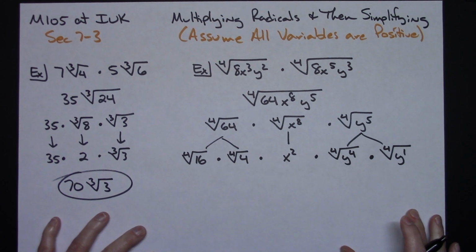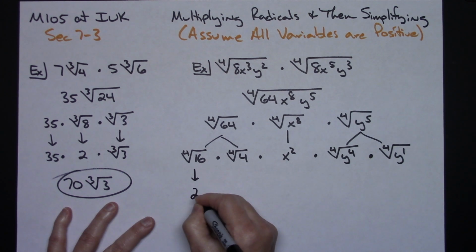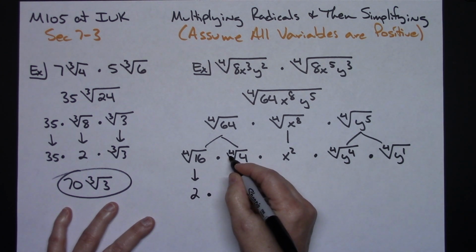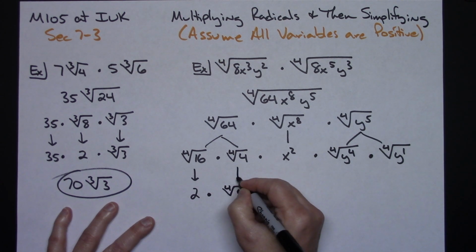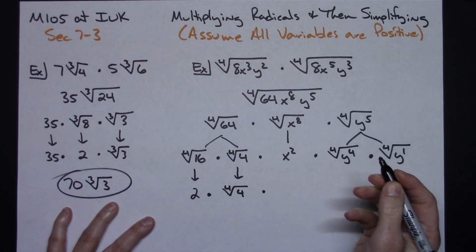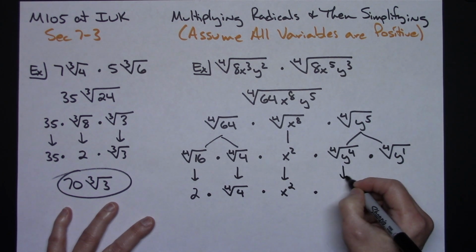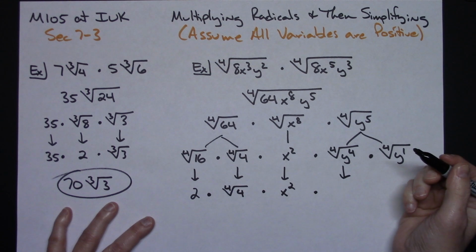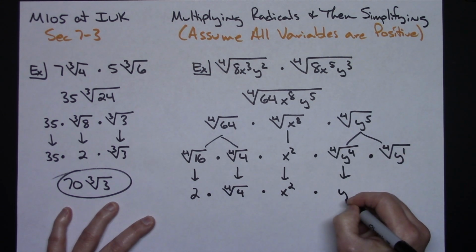Now I'm just going to take each one of these. The fourth root of 16 is going to be 2. The fourth root of 4, I cannot simplify, so I'm just going to leave it. X squared has already been simplified, so I'm going to leave it. This one, 4 divided by 4 is 1, that means this is a perfect fourth root, so I'll have a y to the first.